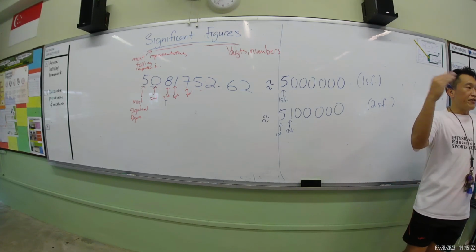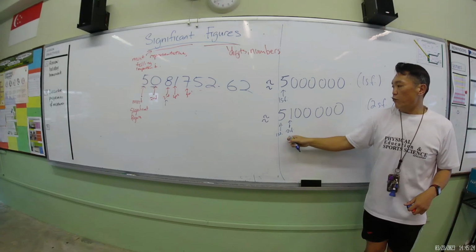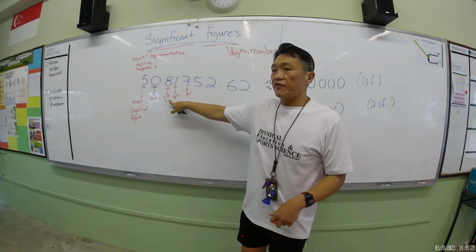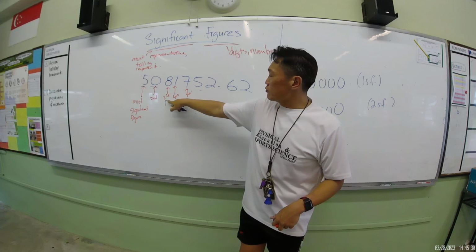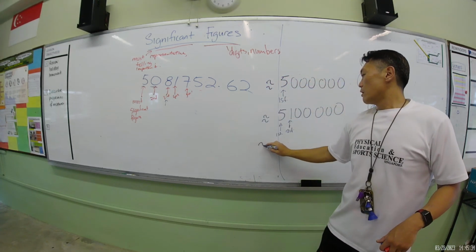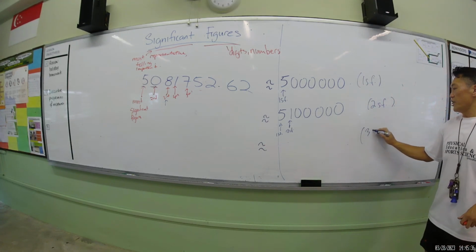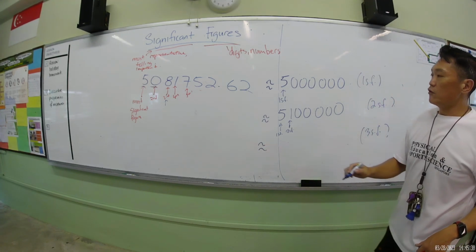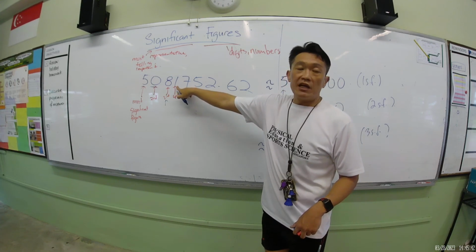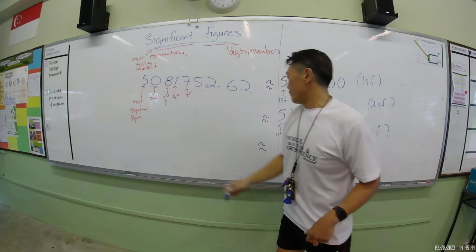Okay? So just like rounding to decimal place, if I want to round to 2 SF, I look at my third SF. If I want to round it off to the third SF, I look at my fourth SF. So if I were to round it off to 3 SF, I will look at my fourth SF. Since this is 1, smaller than 5, I don't round up.